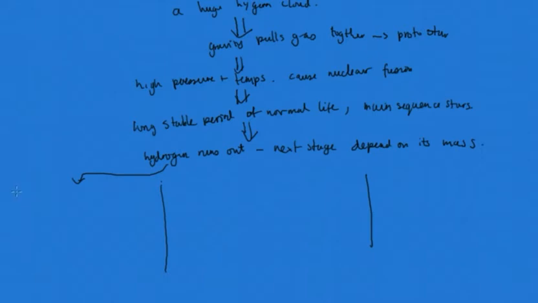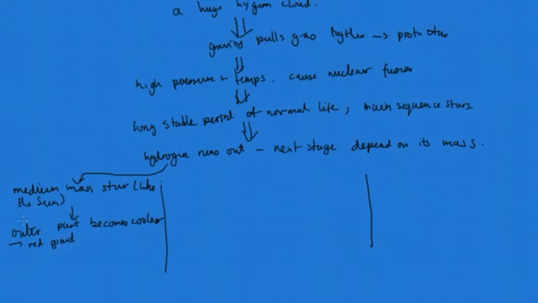Firstly, a medium mass star, like the Sun, the outer part becomes cooler, so it will appear red, and we get a red giant.